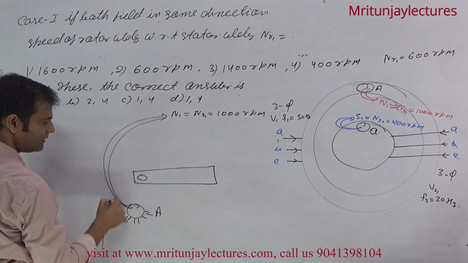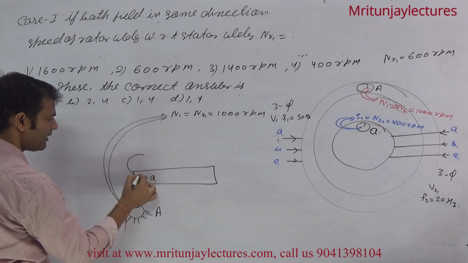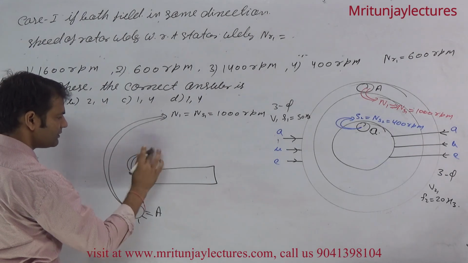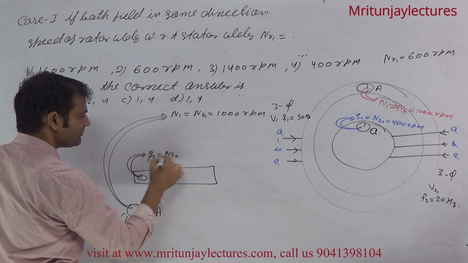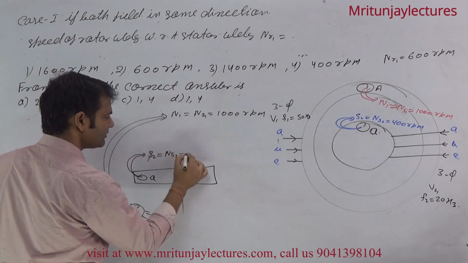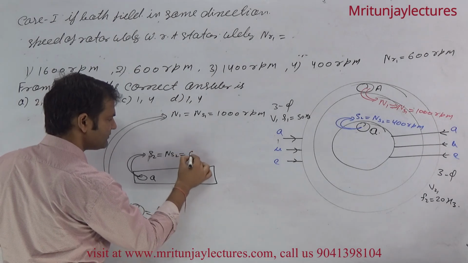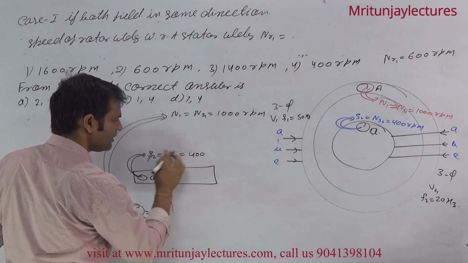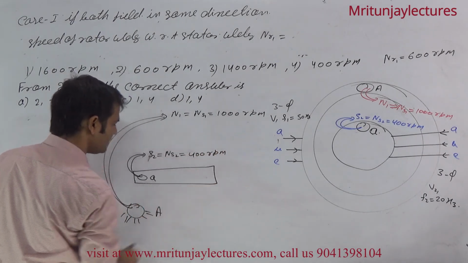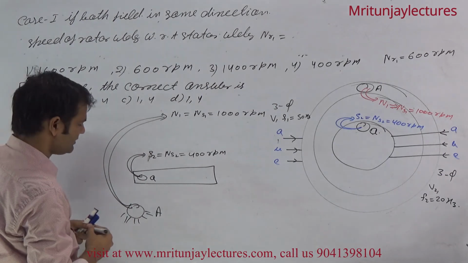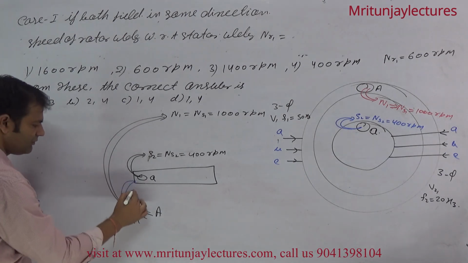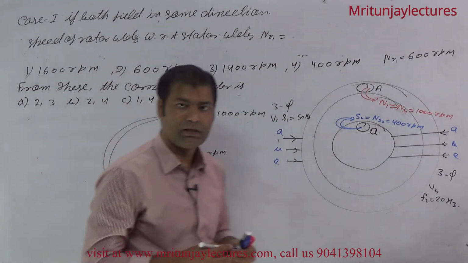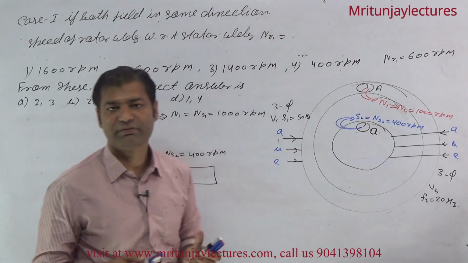And the rotor winding like this one, that is A. The rotor field S2 pole is rotating with speed NS2, that is 400 rpm. Clear? What about the rotor speed with respect to the stator winding? Our motto is to focus on NR. What is the direction of NR and what is the value of NR?